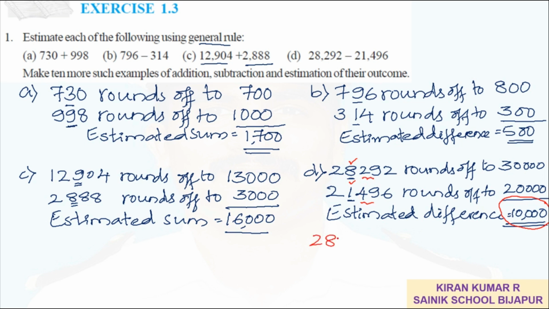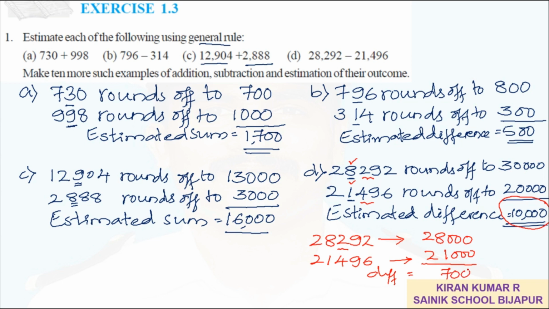So 28,292 rounds off to 28,000 because this 2 is smaller than 5. 21,496 will round off to 21,000. Now you find out the difference. The difference will be 7,000. This is nearer to the actual difference. Therefore, we will consider this part. We won't consider this.